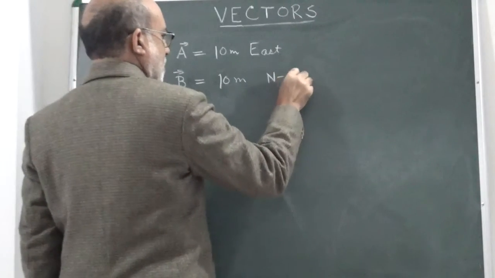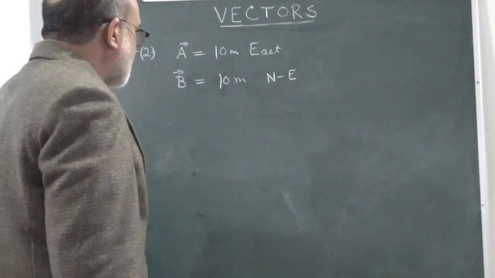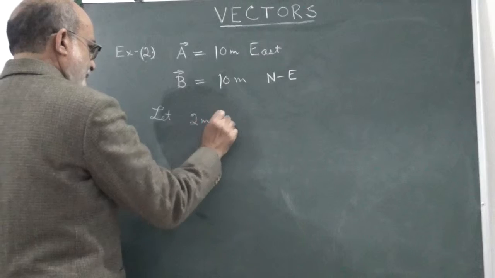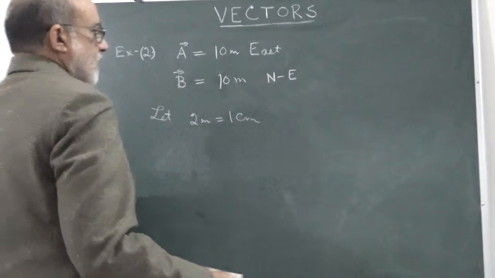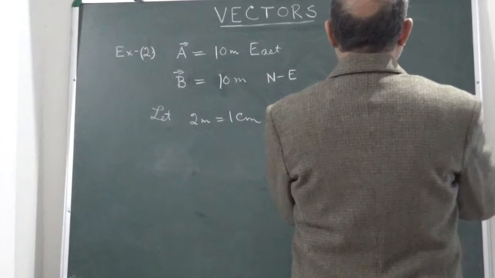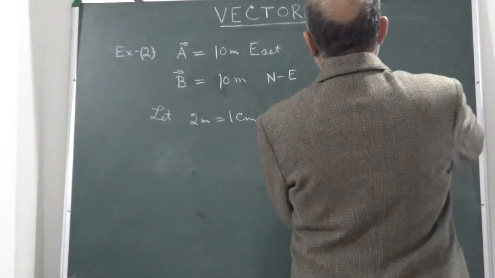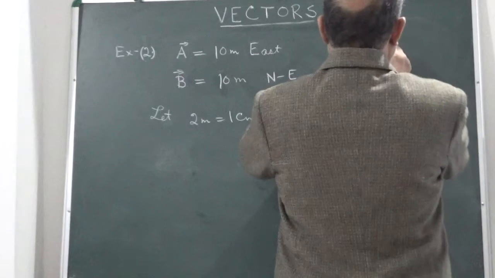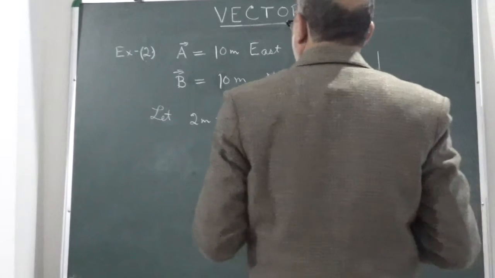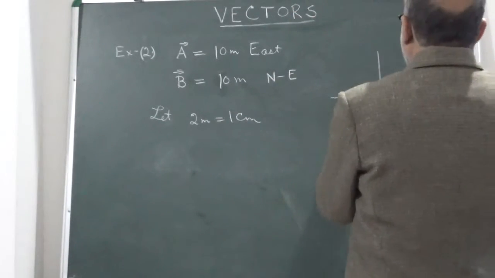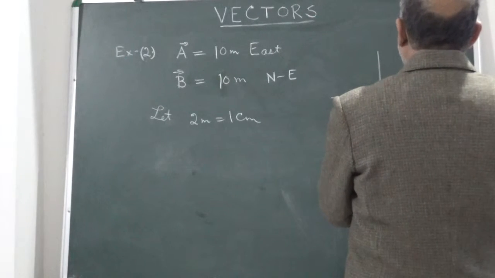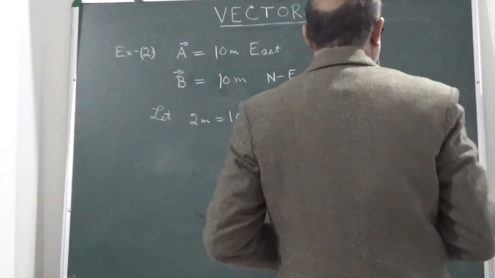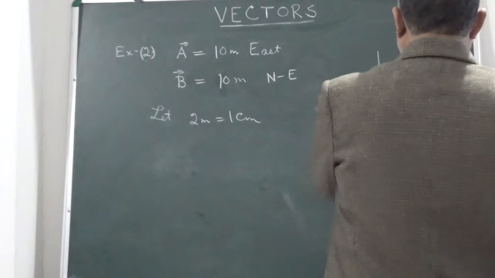So again converting 10 meter into 1 centimeter scale, a 5 inch line on this side is vector A, and vector B is northeast from the head of A.